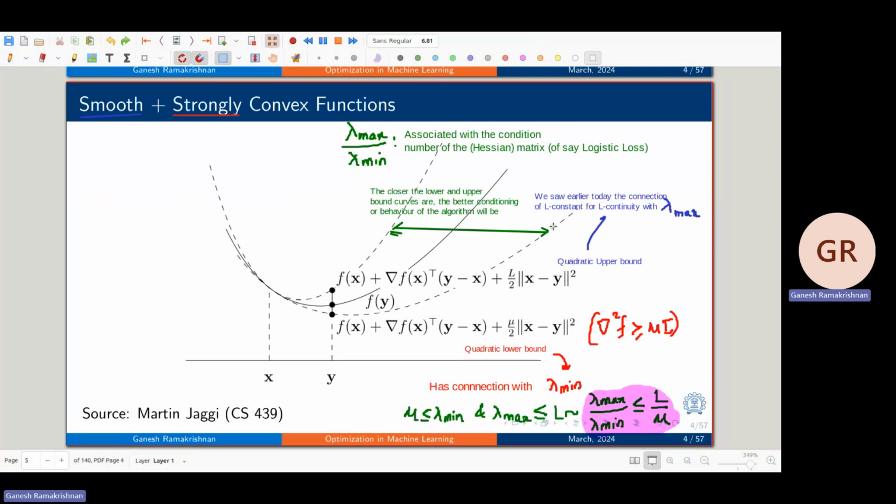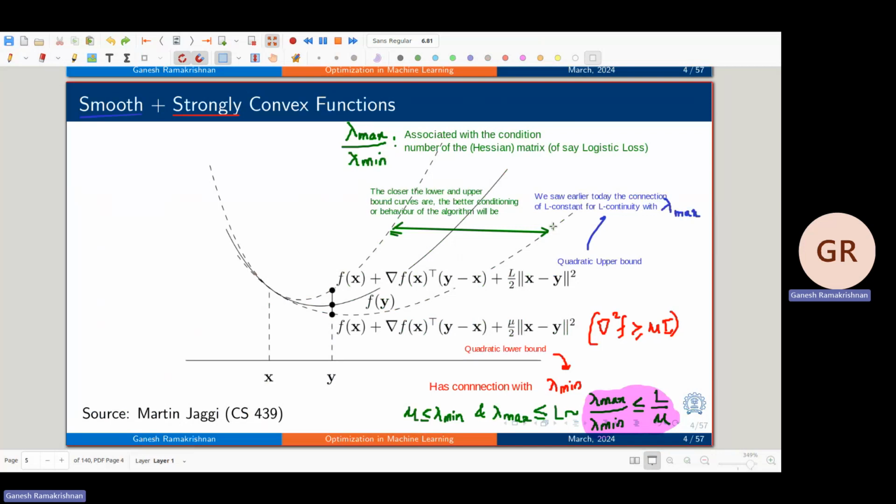Again, recall that with a strongly convex function, you have a quadratic upper bound or lower bound? Lower bound. The quadratic lower bound, right? So Lipschitz continuity, etc., are with quadratic upper bound. So we have this gap.